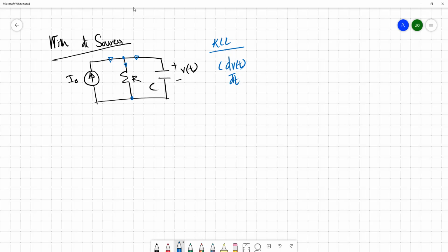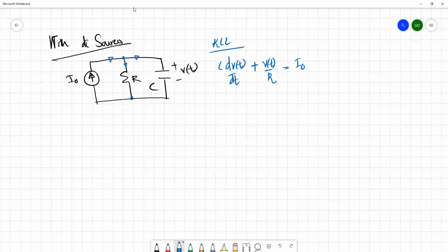This is also leaving the node, plus the current flowing through the resistor, which is v(t) divided by R, since v(t) appears across the resistor. So v(t) divided by R, which equals I naught. The currents leaving the node equal the current flowing into the node.